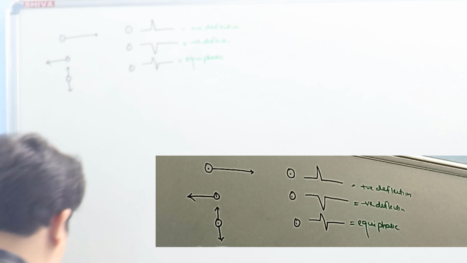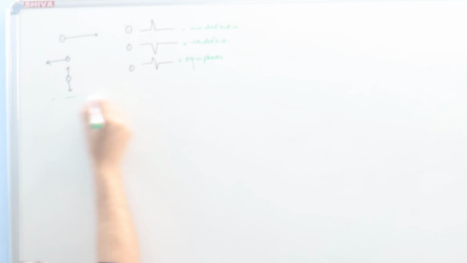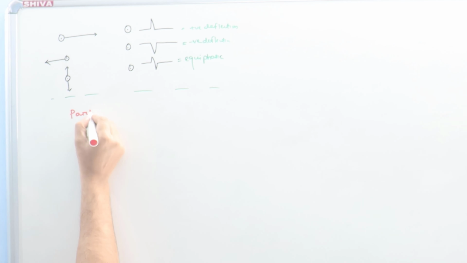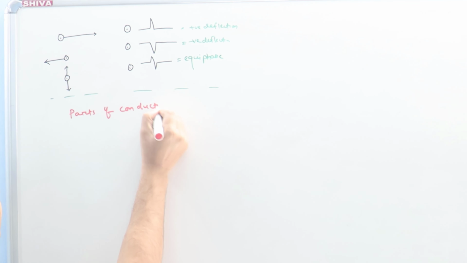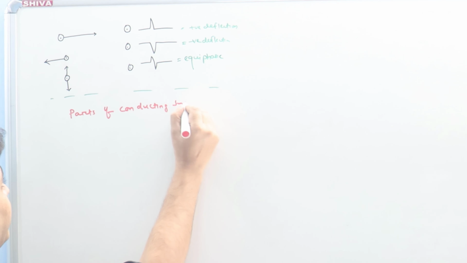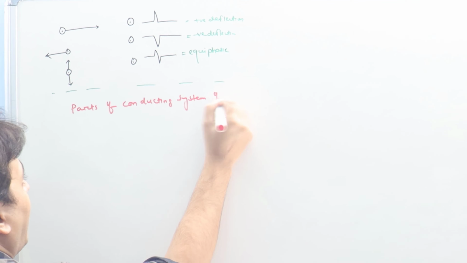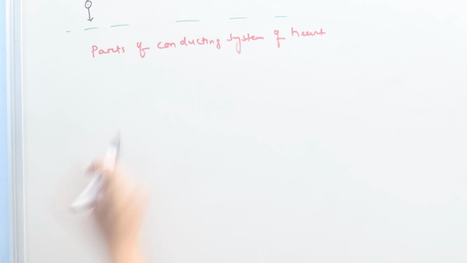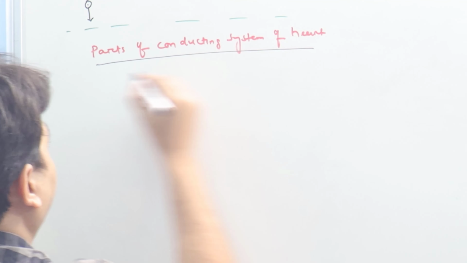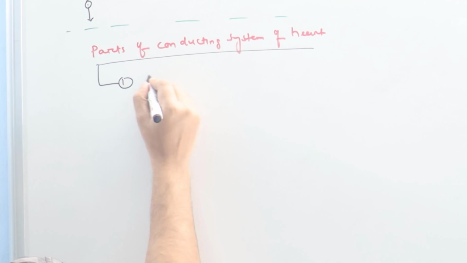Right. So then, what are the parts of the conducting system of the heart? Number one is SA node.